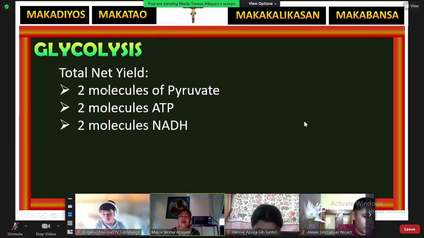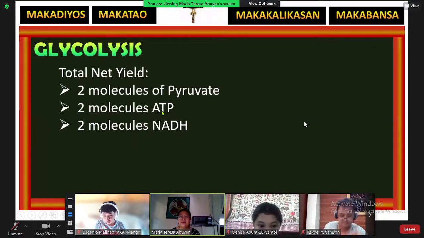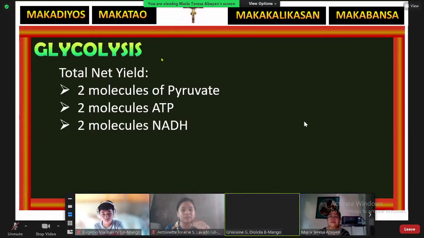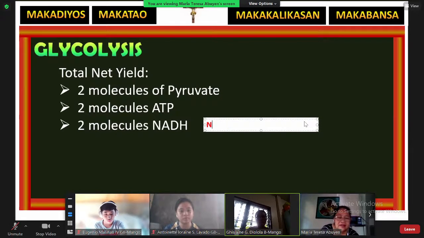And GAP comes from glucose. The ATP comes from ADP, adenosine diphosphate. And NADH comes from NAD, nicotinamide adenine dinucleotide.